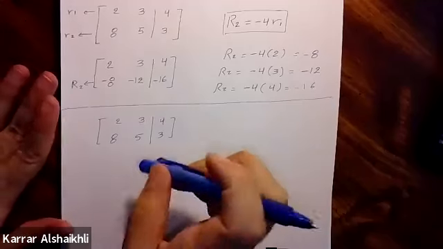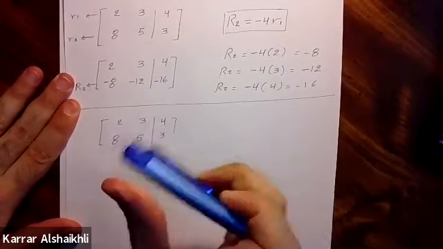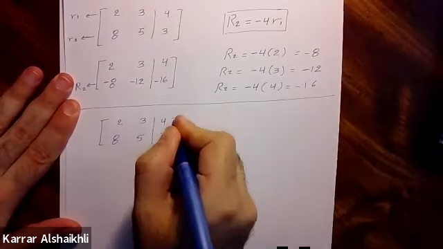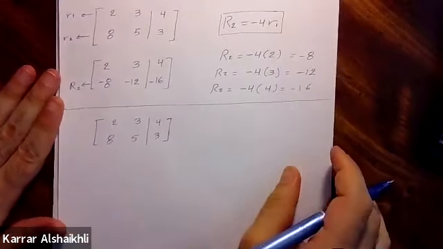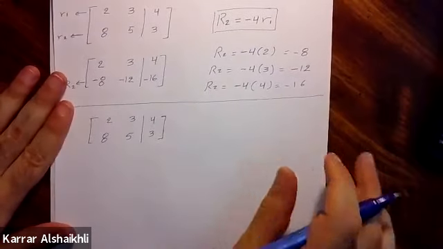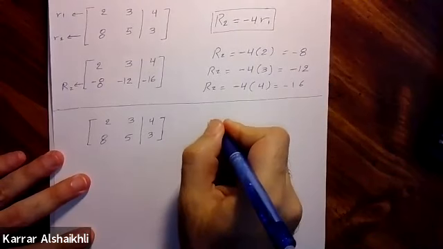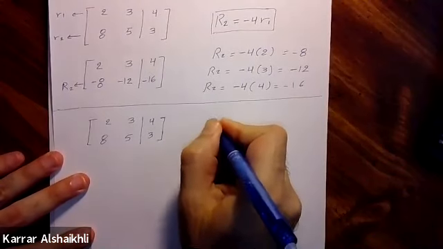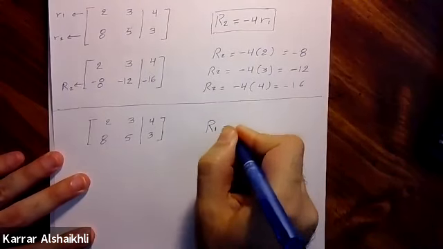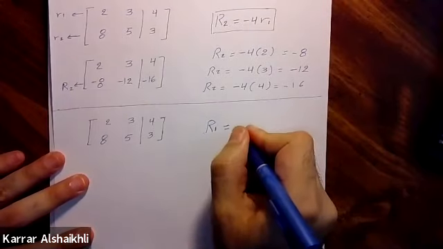Now let's work on row 2. We need to get a new R1. How will we get a new R1?